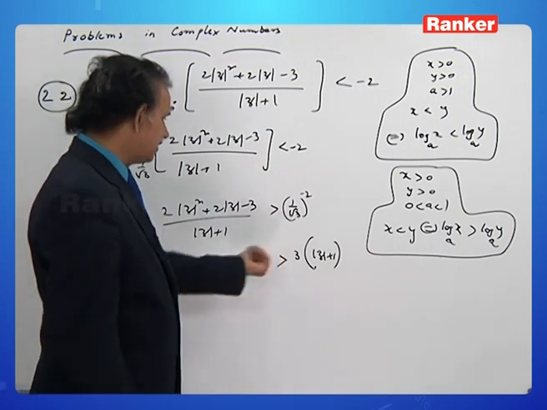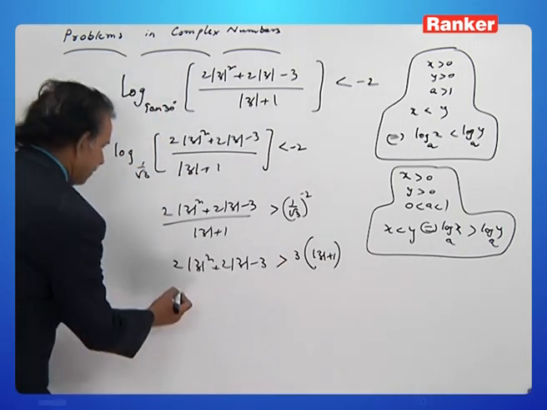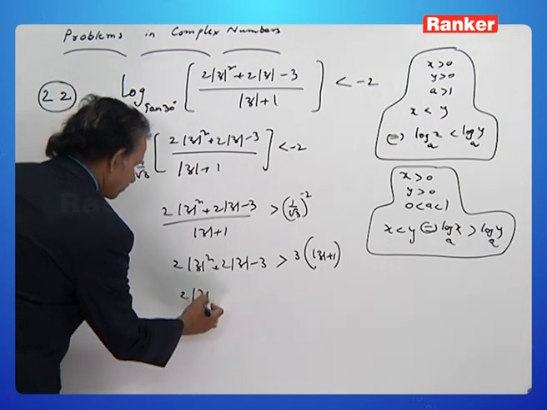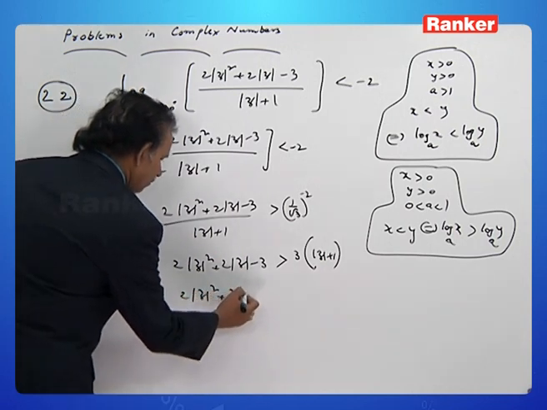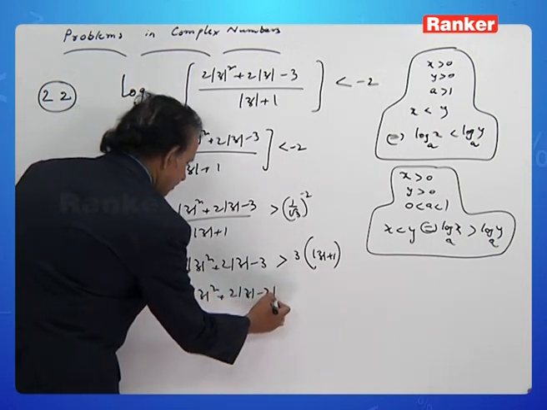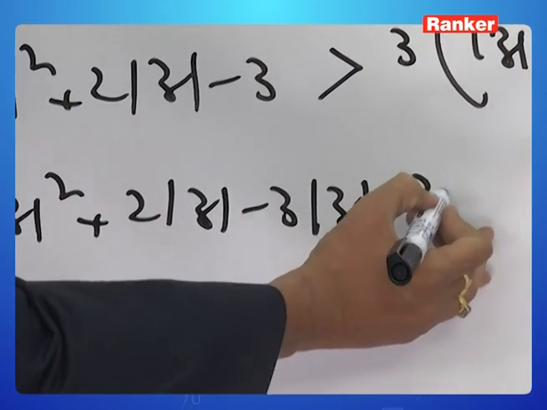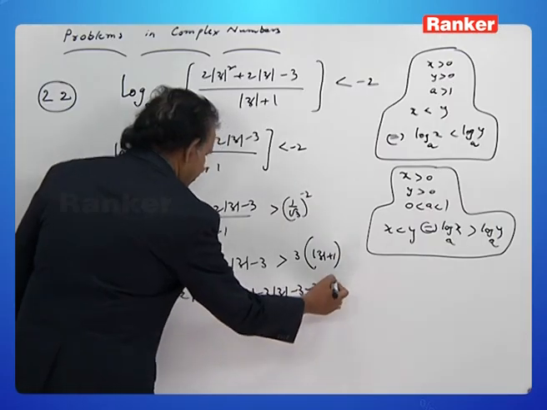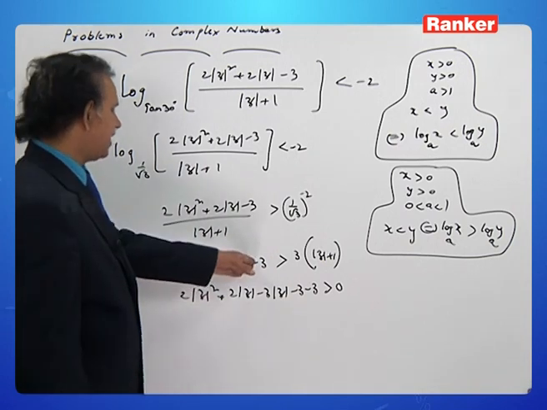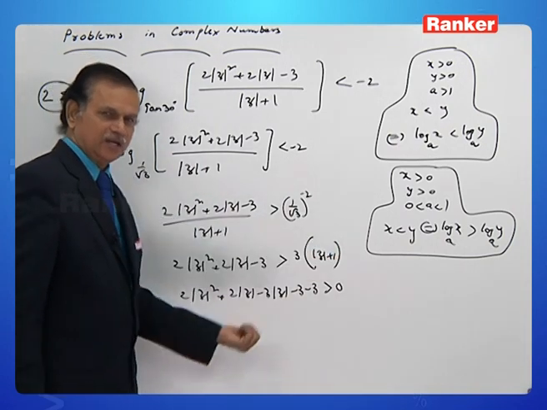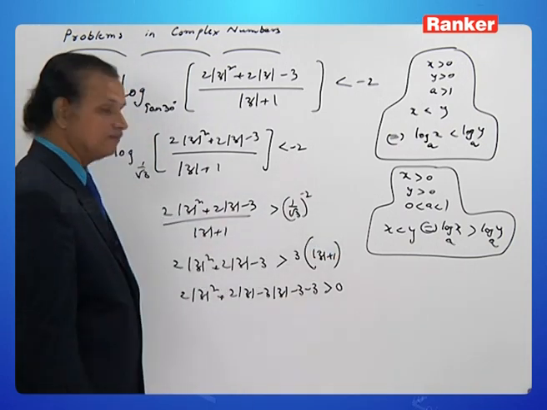You bring all of them to this side. What is going to happen? 2 mod z square plus 2 mod z minus 3 mod z minus 3 minus 3 is greater than 0. Already it is minus 3, and this 3 comes here, so that it becomes again minus 3.